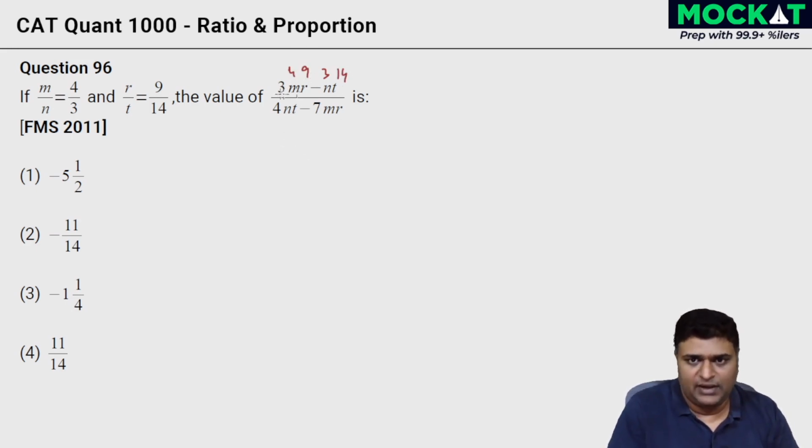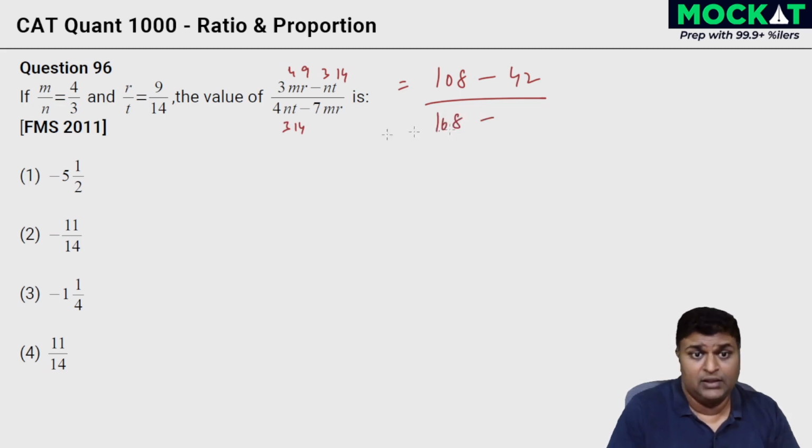3 into 4 into 9, which comes to 108 there, right? Minus 3 into 14 over here is 42, divided by 4 into n into t, 4 into 3 into 14, right, becomes a little difficult, but still doable. 12 into 14 is 168, right, minus 7mr, 7 into 4 into 9, 7 nines are 63, 63 into 4 is going to come to 252, right?